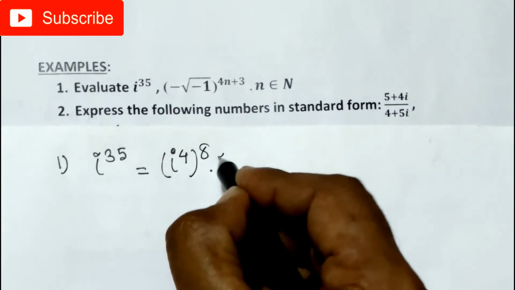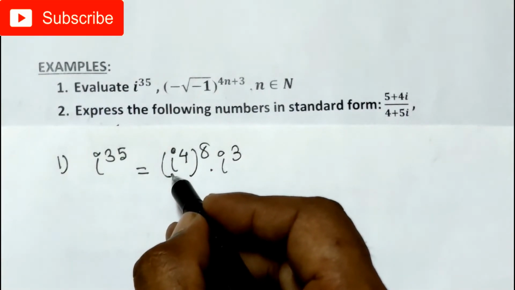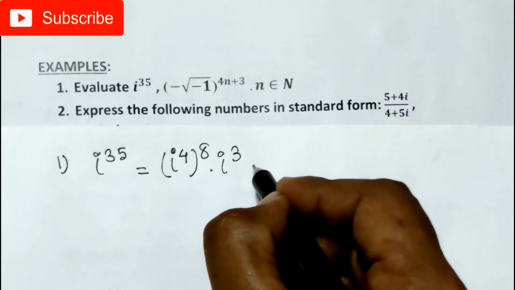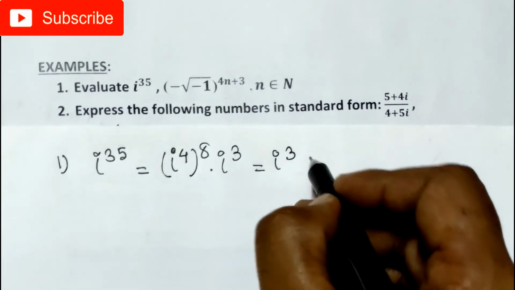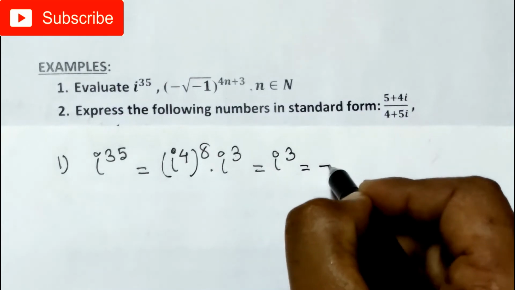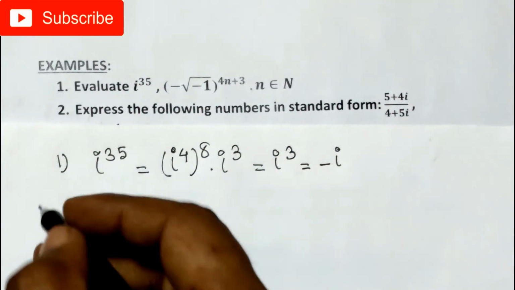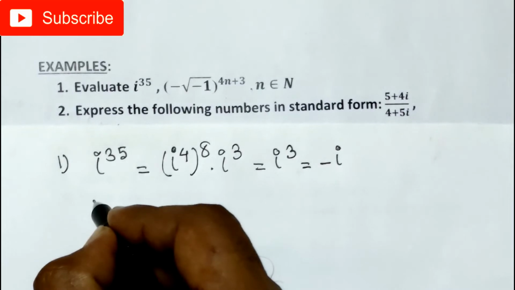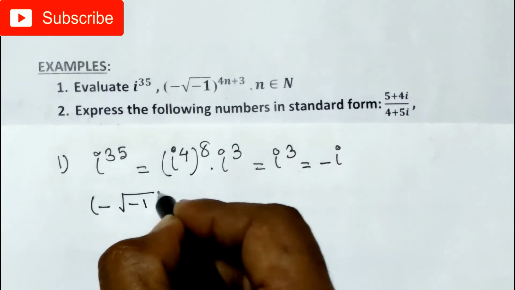So we have i cube left, and i to the power 4 is 1. Now this becomes iota cube, and we know that i cube equals minus i. So i to the power 35 is nothing but minus iota.